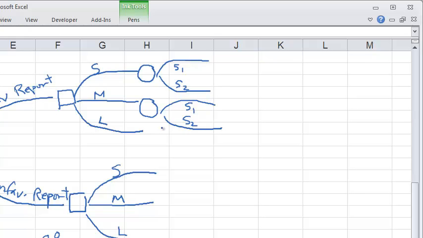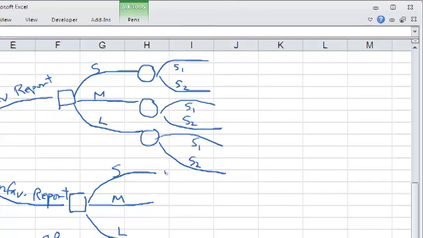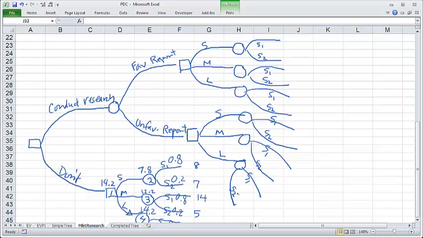S1, S2. Here we have S1, S2. Now the branches are starting to droop. Now we go back and number the nodes and place all the given data in our tree. Okay, so we're going to give this one 1, 2, 3, 4. We renumber this as 5.